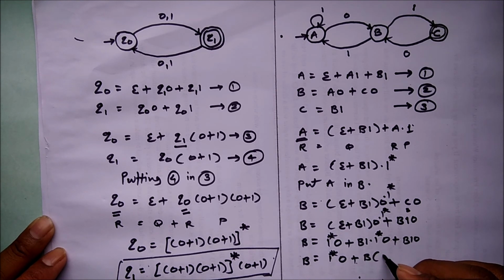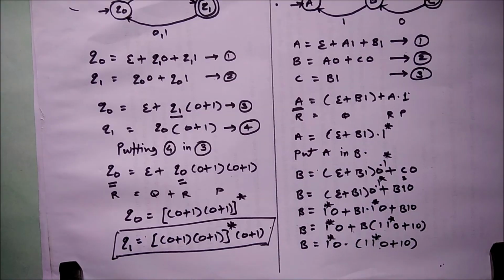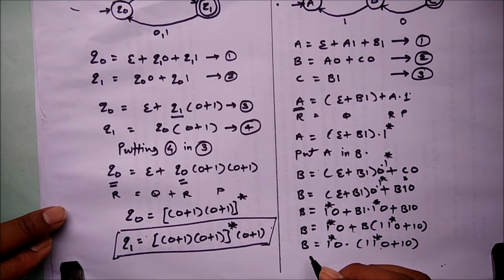So what remains here is (1 1 star 0 plus 1 0), right? So now we have got it in the form, and I can write B is equal to R is equal to QP star, that is 1 star 0 dot (1 1 star 0 plus 1 0) star, right? So this is the value of B.